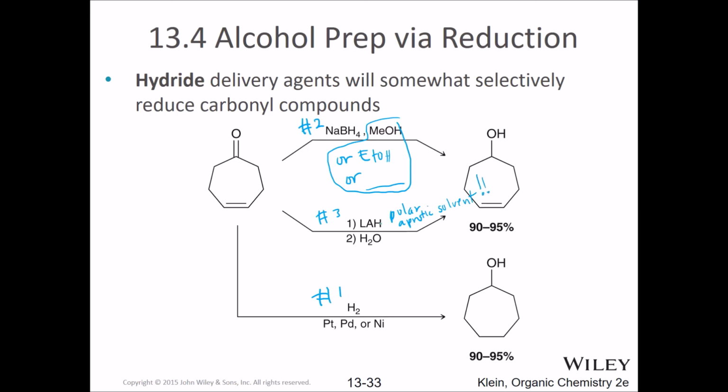It'll help you memorize it if you do. And this has to be done in a polar aprotic solvent. Why? And then after it's reacted with the carbonyl, we chase it with water to give it a proton so that we make our alcohol. Okay? Work through those mechanisms and you will see why. It's really going to help you settle in your head if you do that.